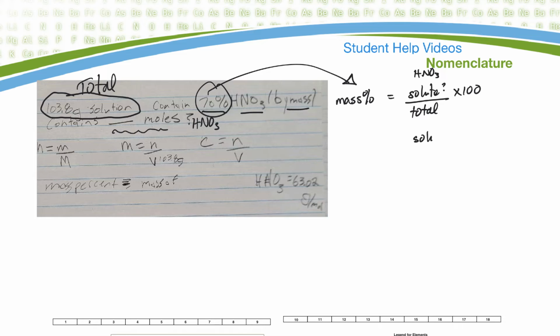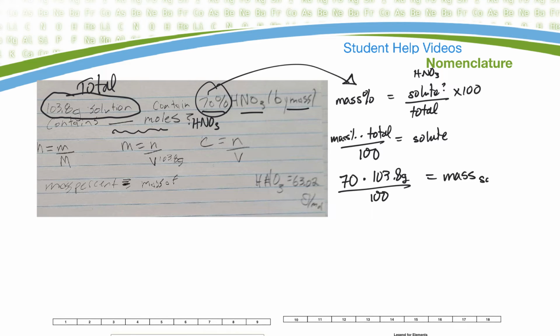So the solute is going to be equal to my mass percent times the total mass divided by 100. So that's 70 times 103.8 grams divided by 100. Okay, so that'll be the mass of the solute.